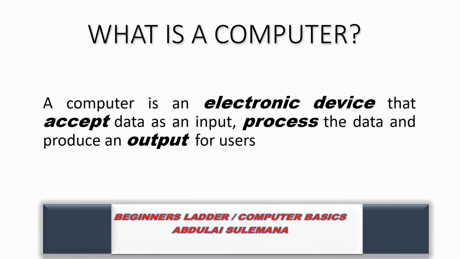When they say a computer is an electronic device, basically they mean that the main components of a computer are electronics. And from that, you can even testify that the main source of energy for a computer is electricity. It helps the computer to function.